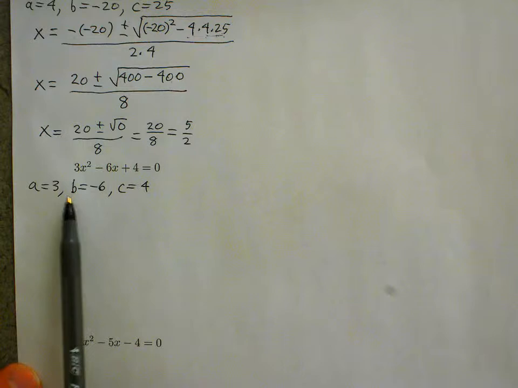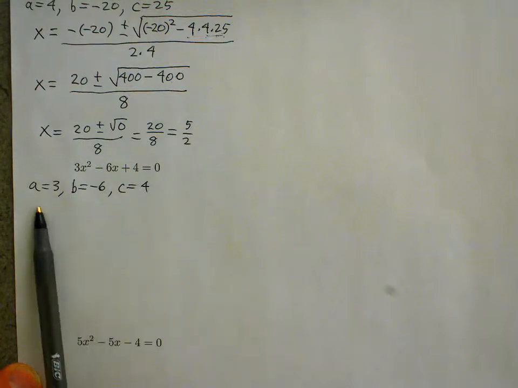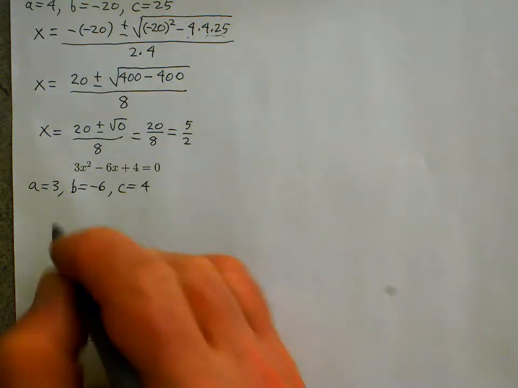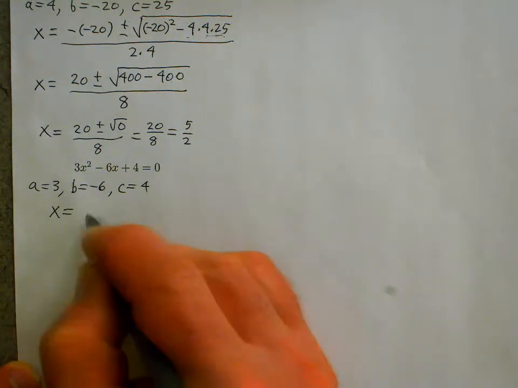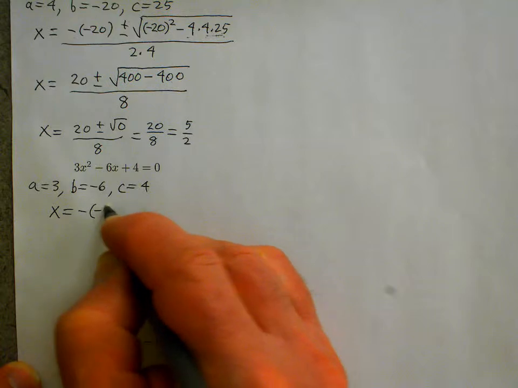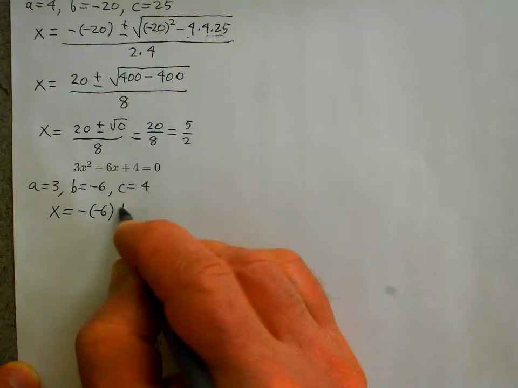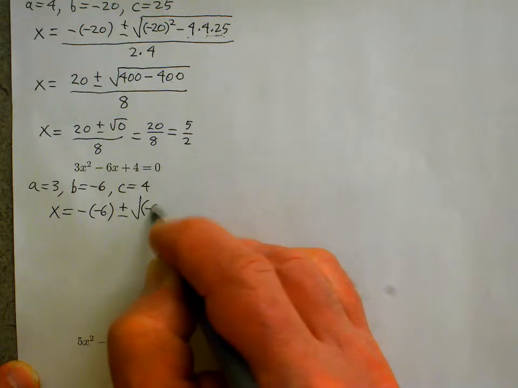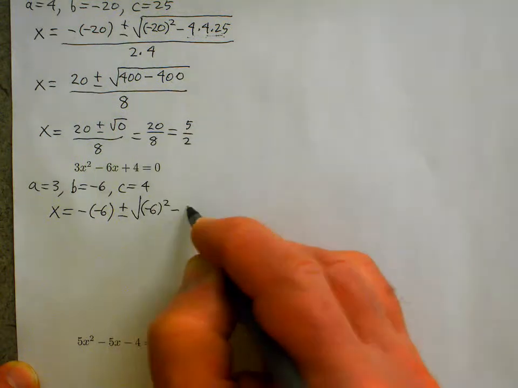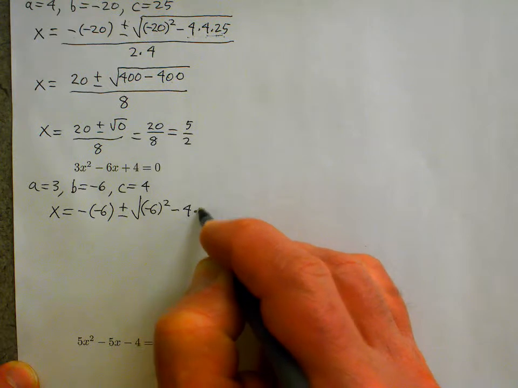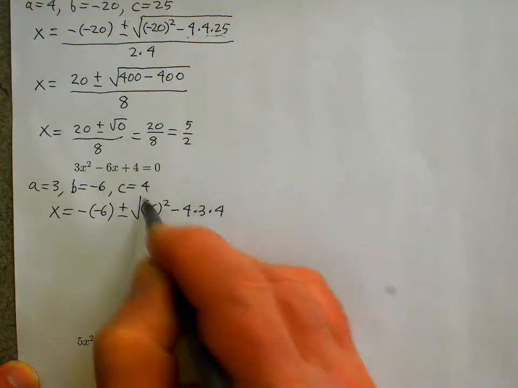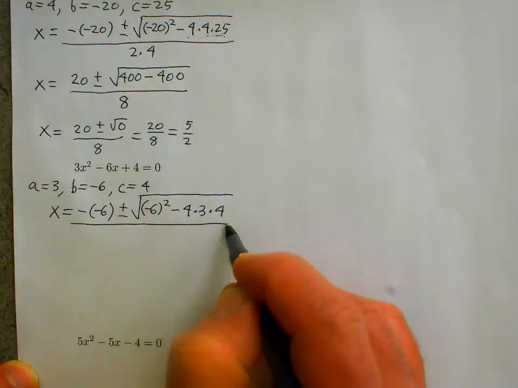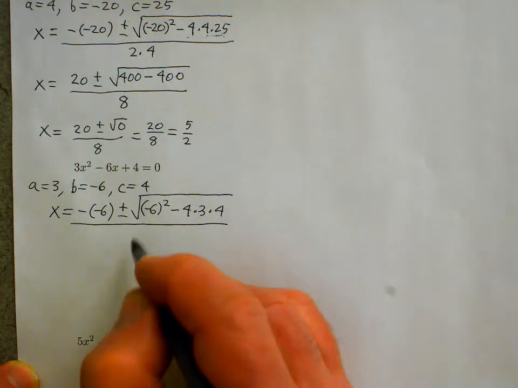Okay, let's go through this one. a is 3, b is negative 6, and c is positive 4. So x equals the negative of negative 6 plus and minus the square root of the number negative 6 squared minus 4 times 3 times 4, all divided by 2 times 3.